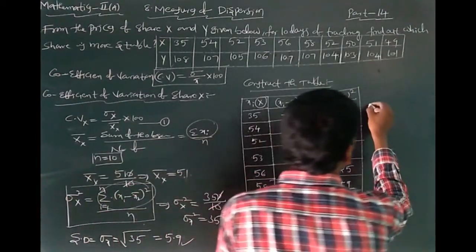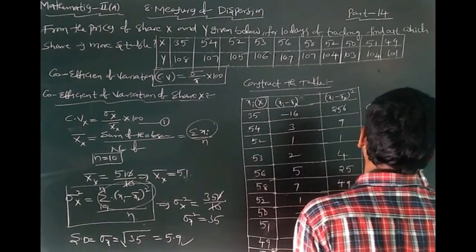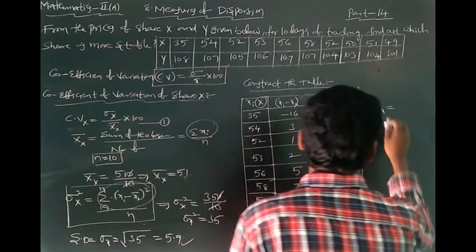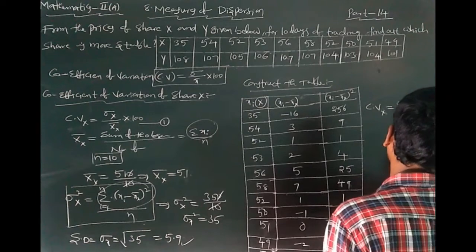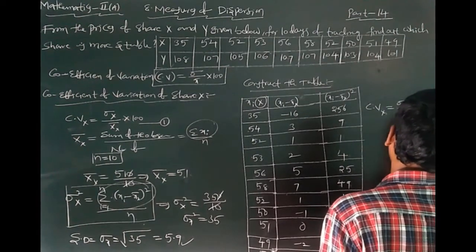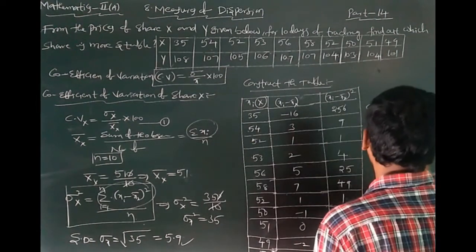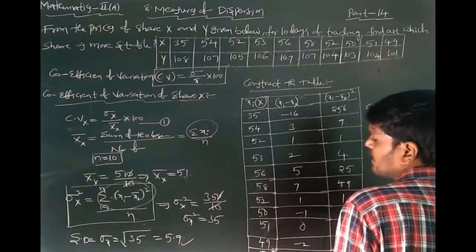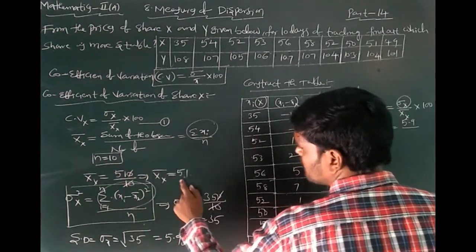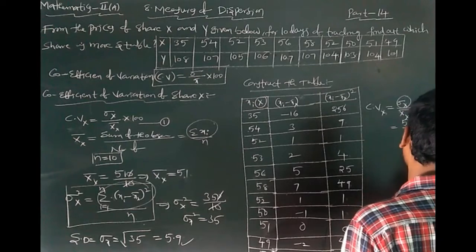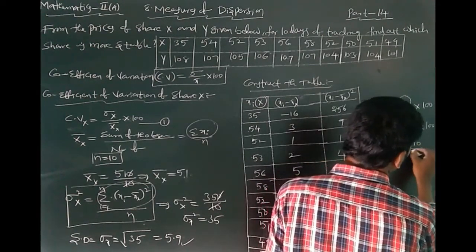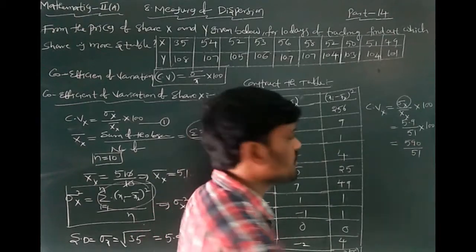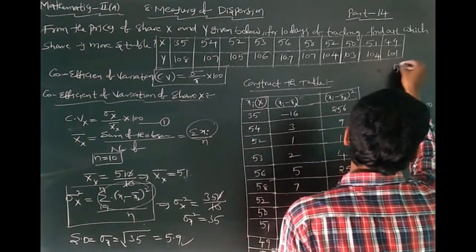After that, we can find the coefficient of variation of share X: sigma X by X bar into 100. Sigma X is approximately 5.9 and X bar is 51, into 100, which is nothing but 590 by 51.